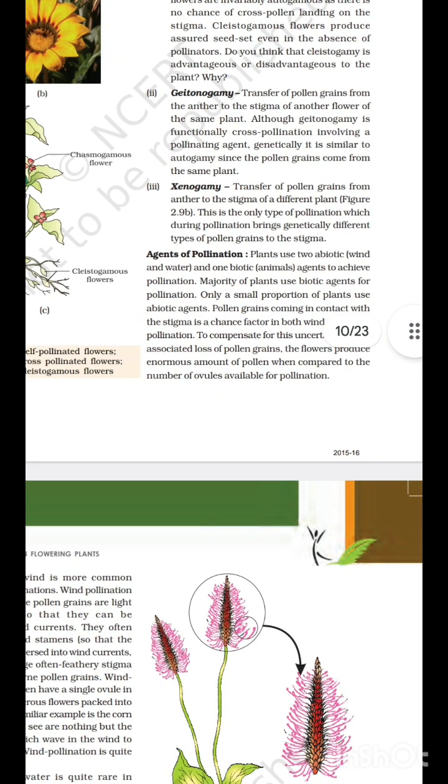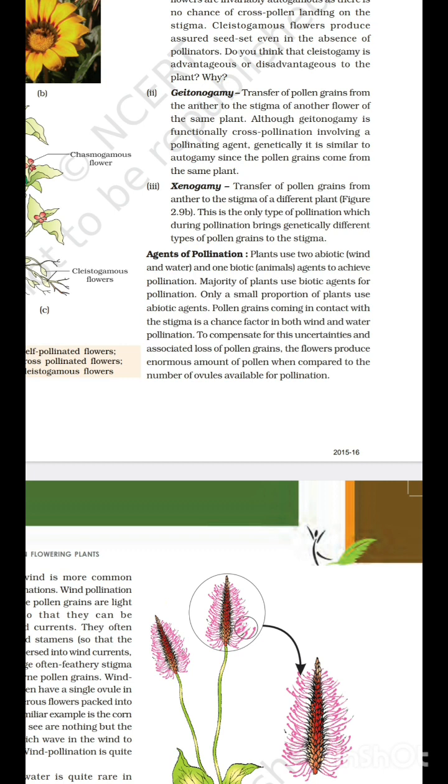Then agents of pollination. Plants use two abiotic agents, wind and water, and one biotic agent, animals, to achieve pollination. The majority of plants use biotic agents for pollination. Only a small proportion of plants use abiotic agents. Pollen grains coming in contact with the stigma is a chance factor in both wind and water pollination.